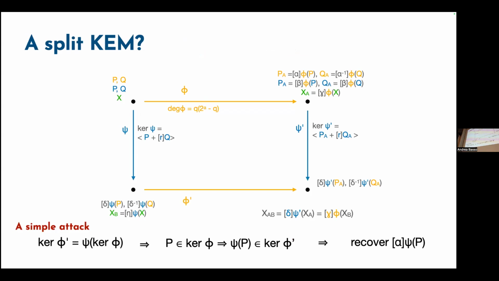The thing is that your degree q times 2 to the a minus q might have a small factor, say a factor of 5, like 5 divides that. Which means that there is a point P of order 5 that lies in the kernel of that isogeny. And because you know the kernel of this isogeny down here, you also know the point of order 5 that lies in this kernel.